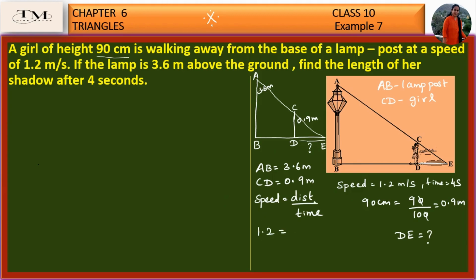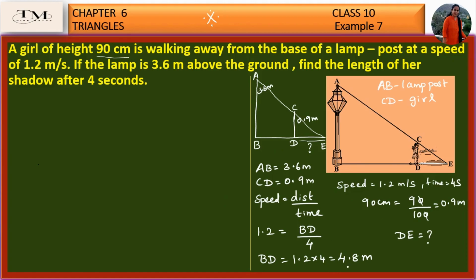What is the distance traveled? It is BD divided by the time taken, which is 4. So BD is equal to, cross multiplying, 1.2 into 4, which is 4.8 meters. Everything we converted to meters. So BD is equal to 4.8 meters.